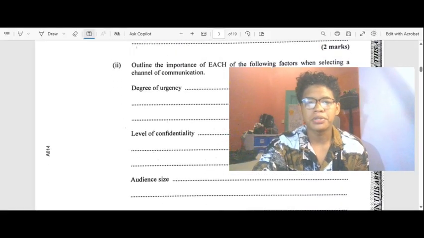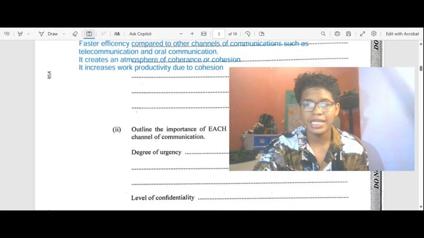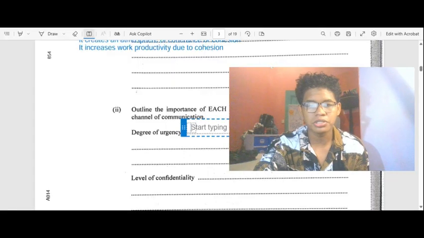So that's for that. Outline the importance of each of the following factors when selecting a channel of communication: degree of urgency.